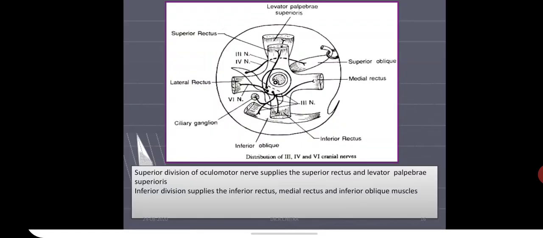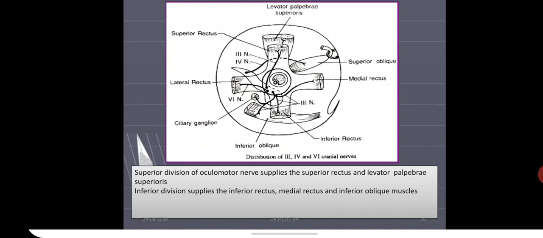Again the same nerve supply diagram. This is the diagram we have to draw for the nerve supply. Superior orbital fissure is given. In the middle compartment, 2 divisions of oculomotor nerve are given, and between the 2 divisions and below, the abducens nerve is given. In the lateral compartment, the trochlear nerve is given. All the muscles, 4 recti muscles and 2 oblique muscles, are given, and also the levator palpebrae superioris.